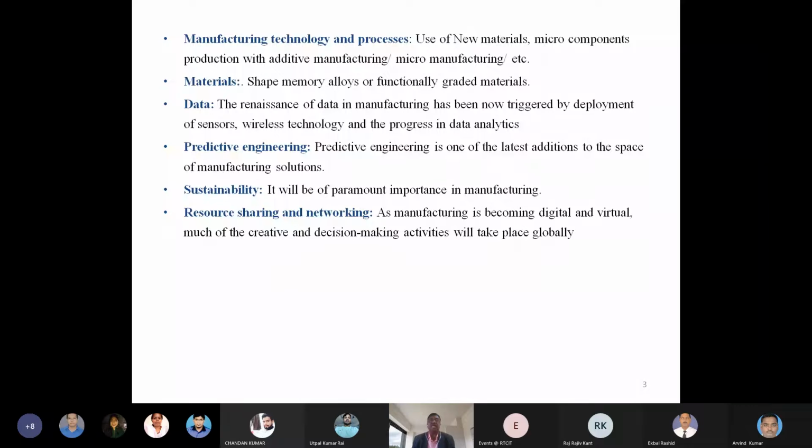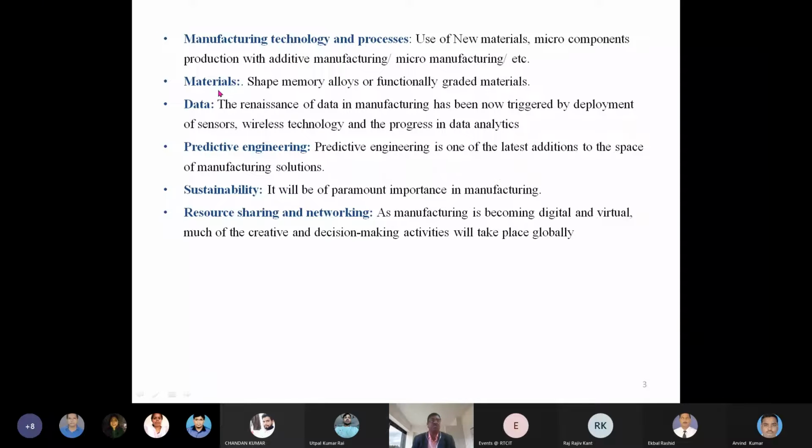Additive manufacturing and micro manufacturing methods are used when compared to the conventional system of manufacturing like machining, milling, etc. Additive manufacturing and micro manufacturing are new technological developments to deal with the new materials and micro component production, which become very popular in smart manufacturing.